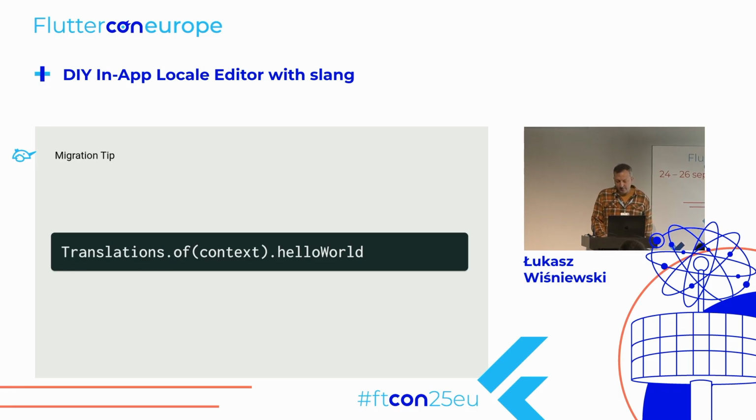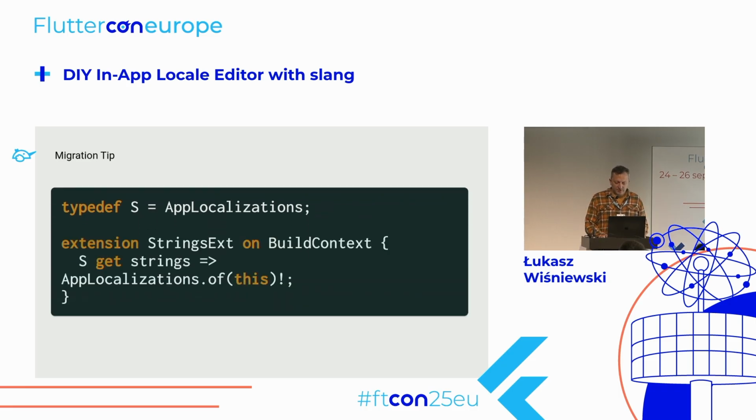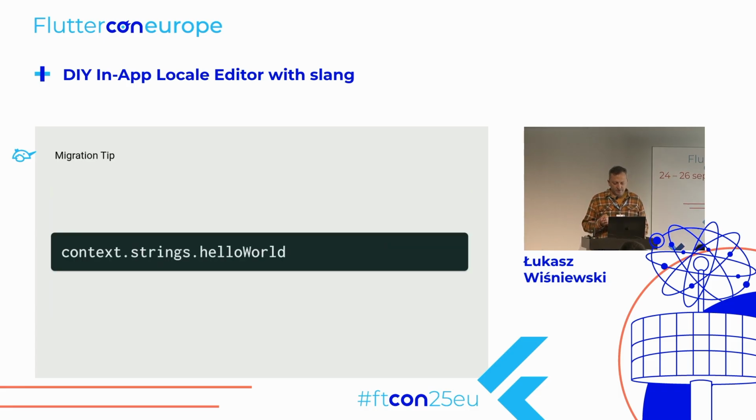Here's a little tip that you can use. You can define an alias on app localizations, and then define an extension method using that alias. This way, you'll get a more streamlined version of accessing strings. I think that's nicer than the standard way, but also what is more powerful here, you hide the dependency on the library behind the extension method.